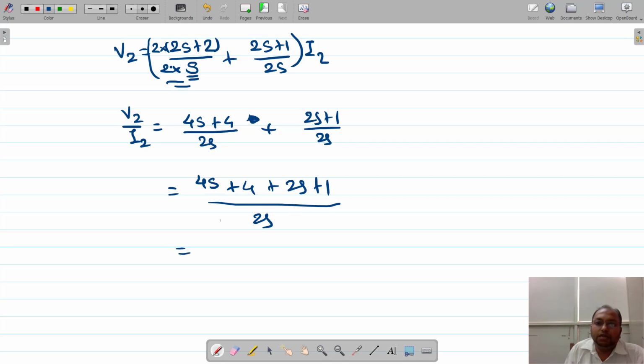So 4s plus 2s must get added, so this is going to become 6s plus 5, isn't it? And the denominator will be as it is, 2s. So this is our Z22.